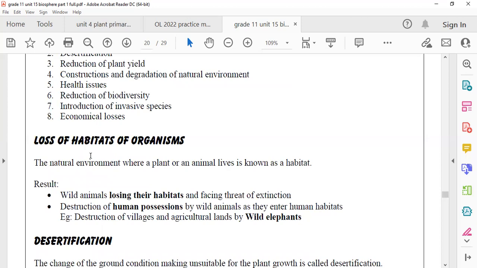Another thing happening nowadays is happening to Sri Lankan elephants. Okay, the elephant-human conflict in Sri Lanka is a long-term continuous fight. This long-term continuous fight is due to humans occupying the living habitats of elephants.